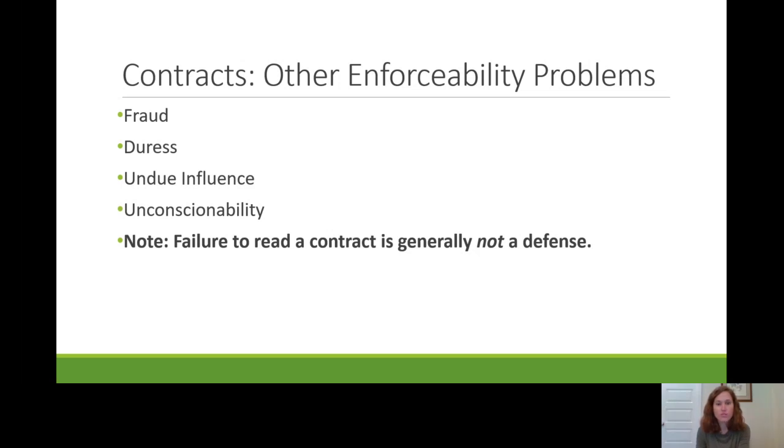One thing I did want to raise with you briefly is that it's very important to recognize that failure to read a contract is generally not going to be a defense. So even if you have a very long and complicated contract, even if there's a whole lot of legalese in it, the example I give a lot of the time is when I go and renew my contract at Verizon for my cell phone.